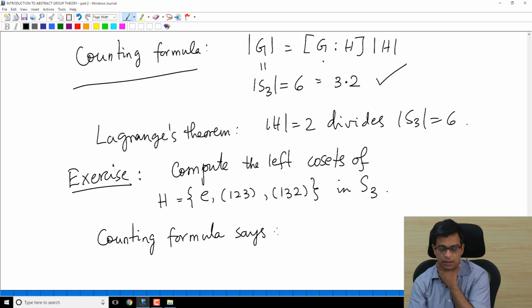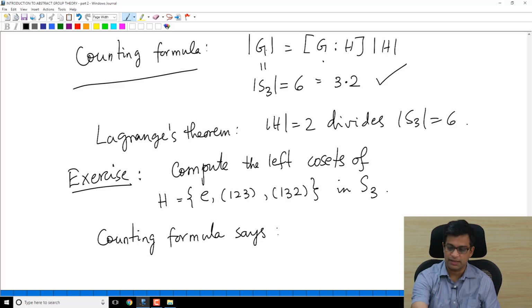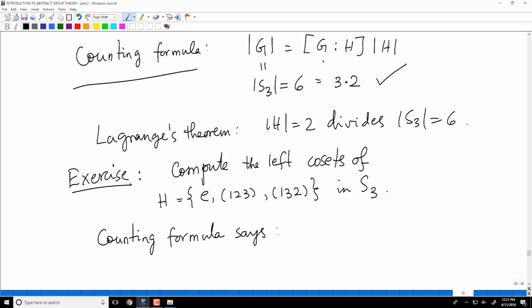The counting formula says how many cosets should be there. What is the order of H? There are 3 elements in H, so the order of H is 3. The order of S3 is 6. The counting formula says 6 equals the index of H in G times the cardinality of H. In this case, the order of H is 3, so the number of cosets should be 2.